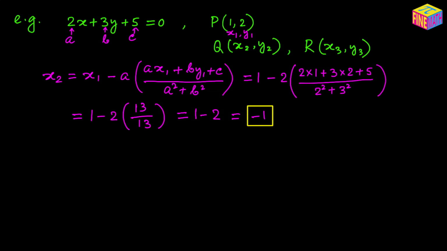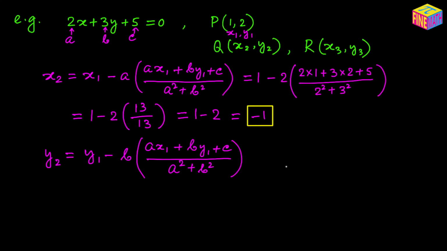Similarly, let's calculate the value of y sub 2. y sub 2 would be equal to y sub 1 minus b times that quantity, and let's plug in the values here. So y sub 1 is positive 2, minus b times, what is b? b is positive 3, times the same quantity, which actually reduced to 13 over 13. So let me write it down again.